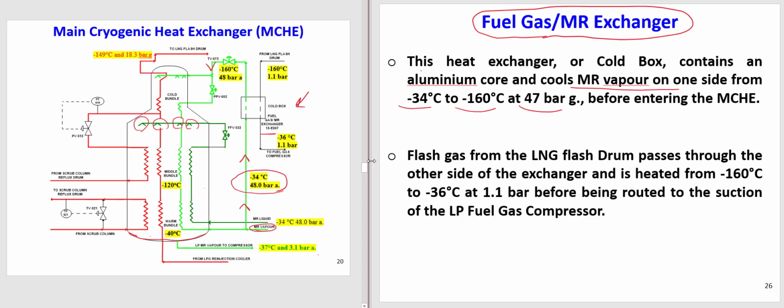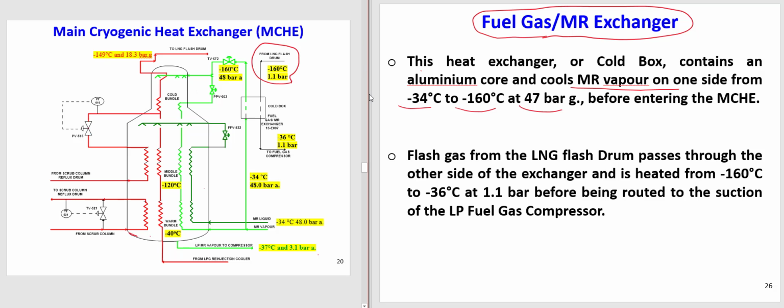Flash gas from the LNG flash drum. This is flash gas, or we also call it fuel gas. This one here is coming from the nitrogen rejection unit; the vapor coming from the flash drum is at a very low temperature.